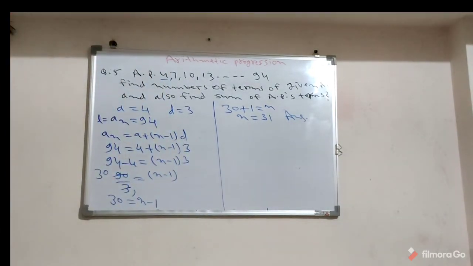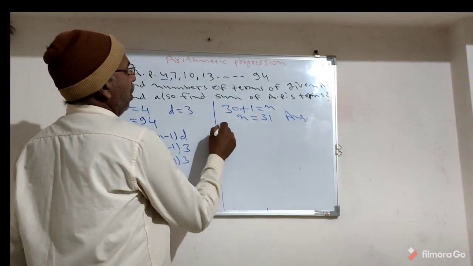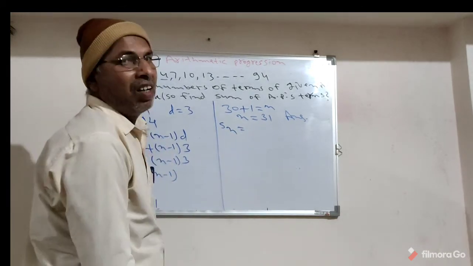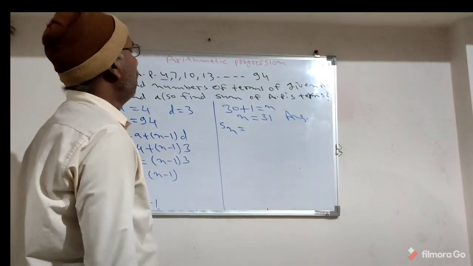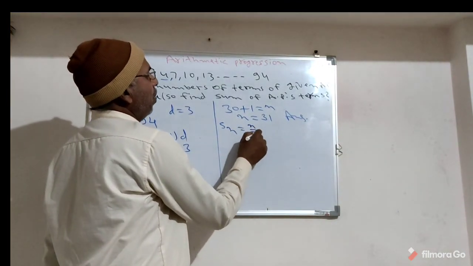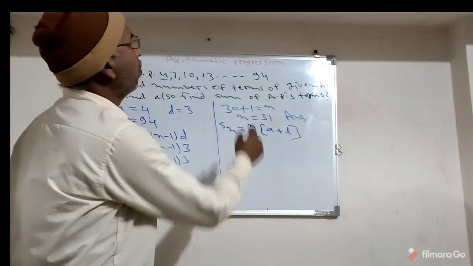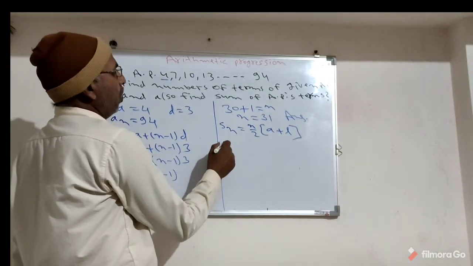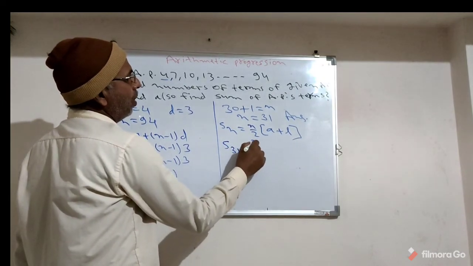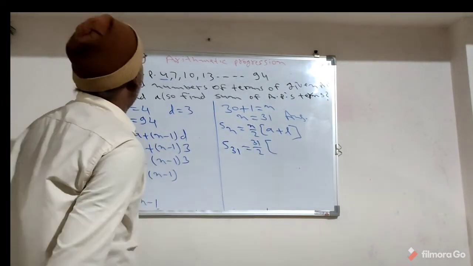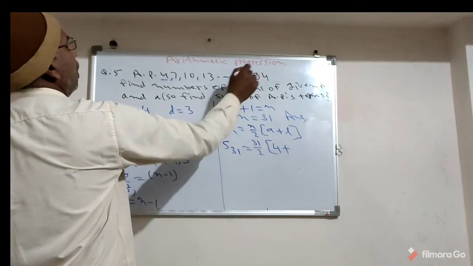Now we find the sum of the given AP. Because here we are given the last term, we use the other formula for the sum of an AP: Sn equals n by 2 into a plus l. Therefore S31 equals n, 31, upon 2, into the value of a, 4, plus the last term 94.